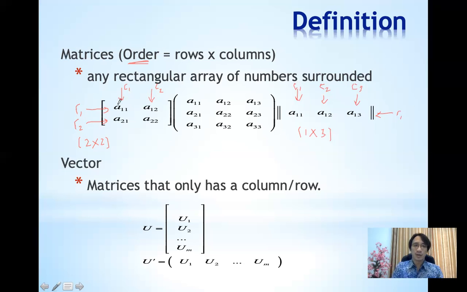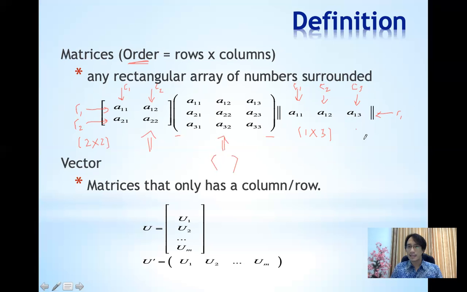And as we know, we have some common brackets for matrix. The first one is the bracket like this, or the usual bracket, like bracket number 2. This one is the first type, this one is the second type, just the common brackets. And the last one is a bracket with a double line, like this one.